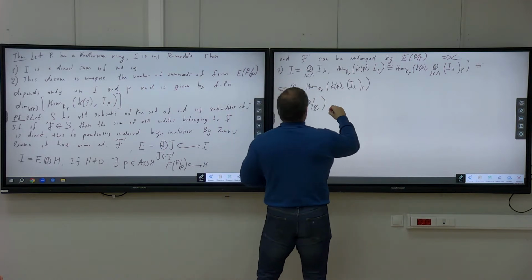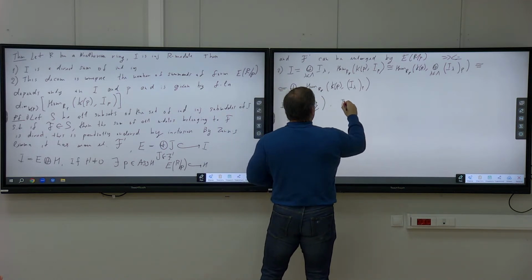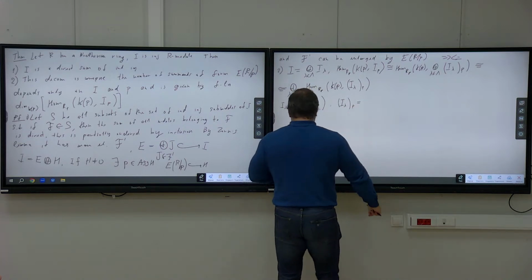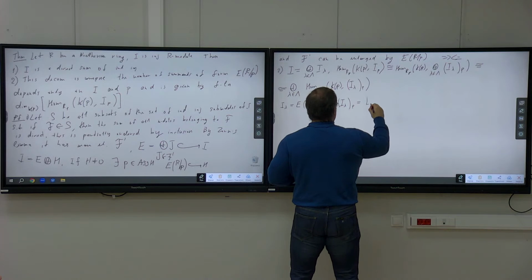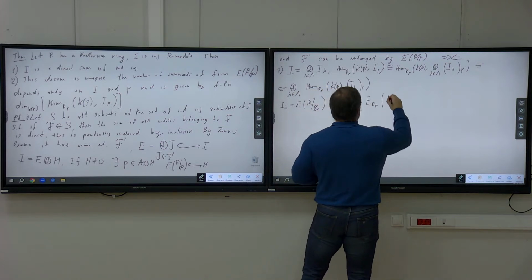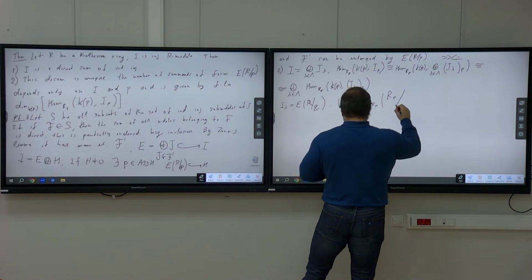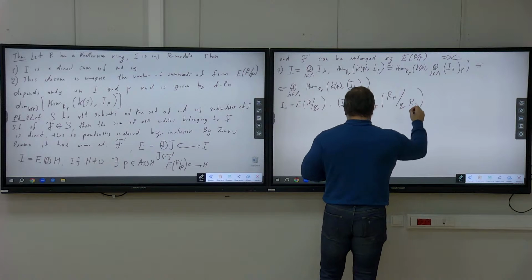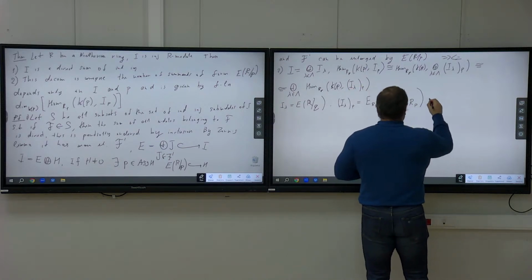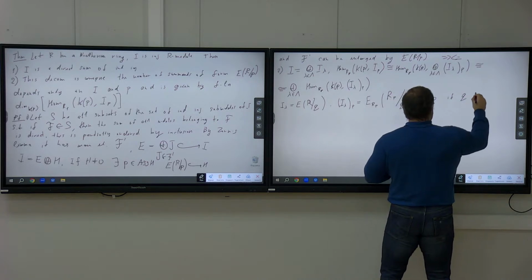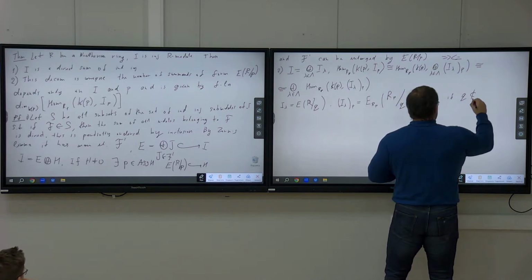Then, since localization commutes with taking injective hulls, I can take the injective hull over R_P of R_P modulo Q R_P, which is 0 if Q is not contained in P.